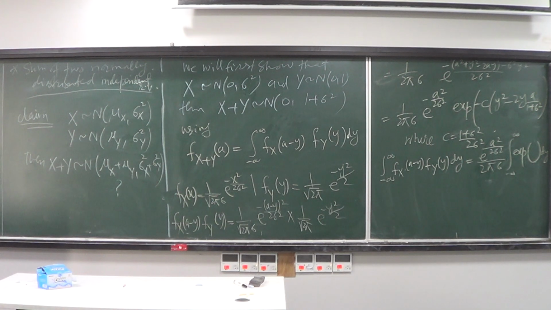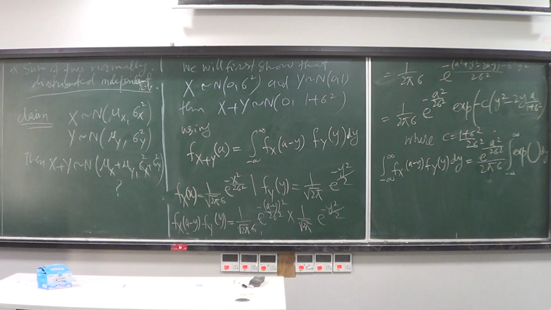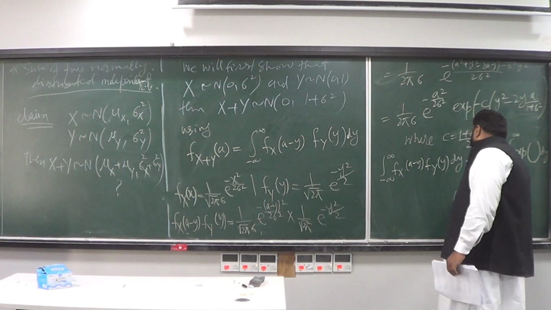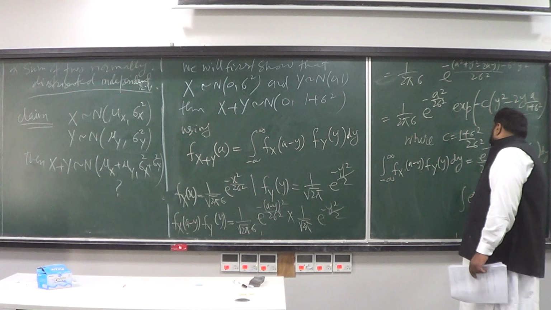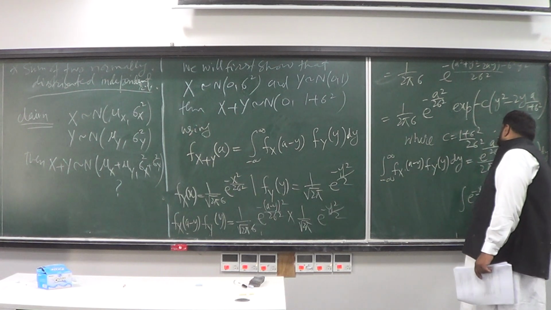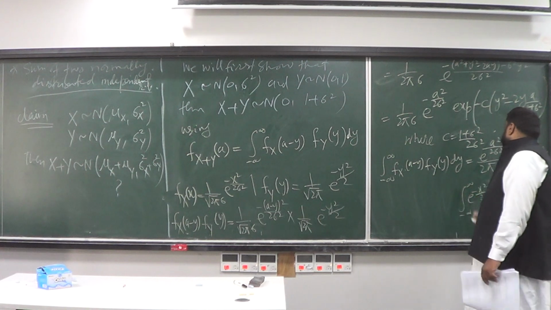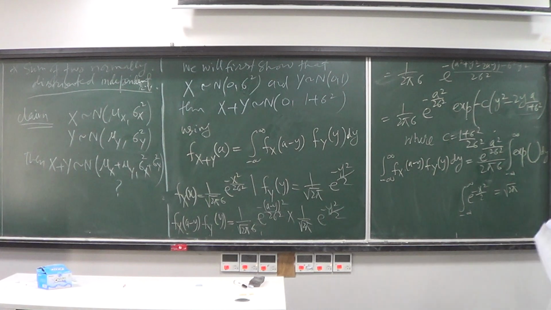Now if you see, this is like a quadratic expression in y. We know about normally distributed random variables, so the integral becomes much easier. If you have e to the minus x square upon 2 integrated from minus infinity to infinity, this is equal to the square root of 2 pi.